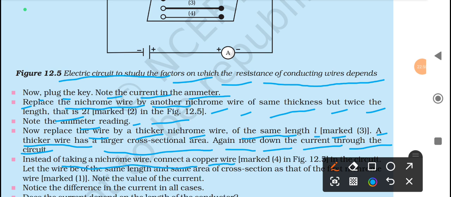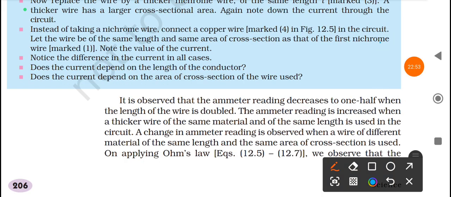Instead of taking a nichrome wire, connect a copper wire, mark 4 in figure 12.5, in the circuit. Let the wire be of the same length and same area of cross section as that of the first nichrome wire, mark 1.